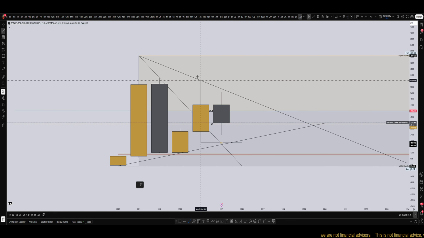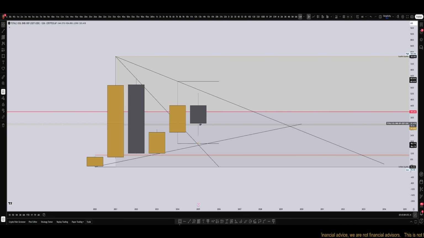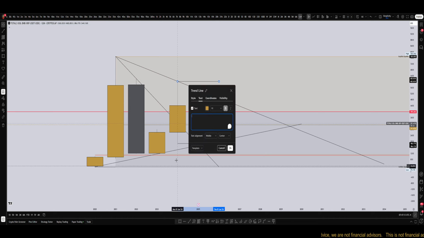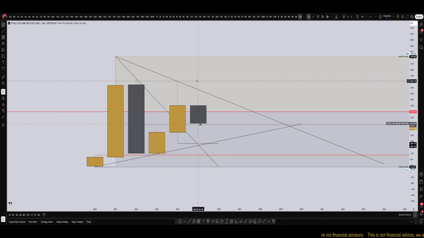Upper targets afterwards, it's definitely going to be this one over here. That is going to be taking out the January 2024 all-time high. No, sorry, the high of 2024. And afterwards, we can focus a little bit more into this range. What I will call this is actually BSL.